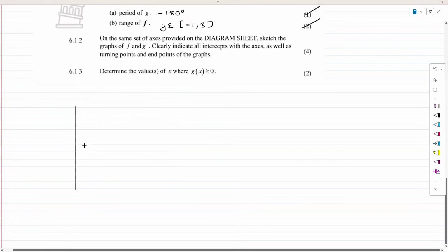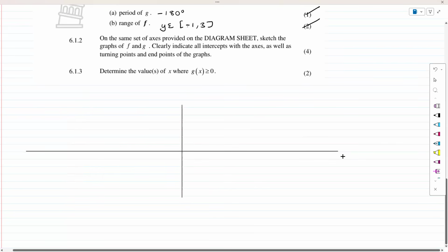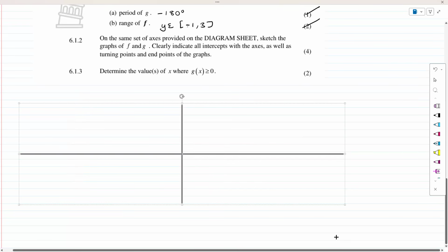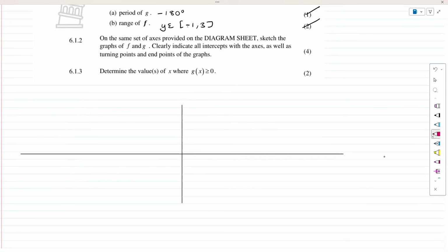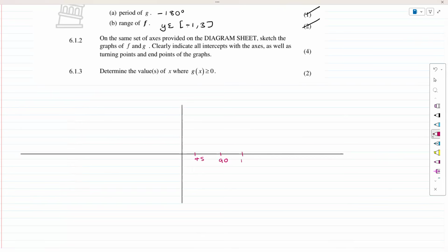So let's go 45, 90, 135, 180, 225, and 270.